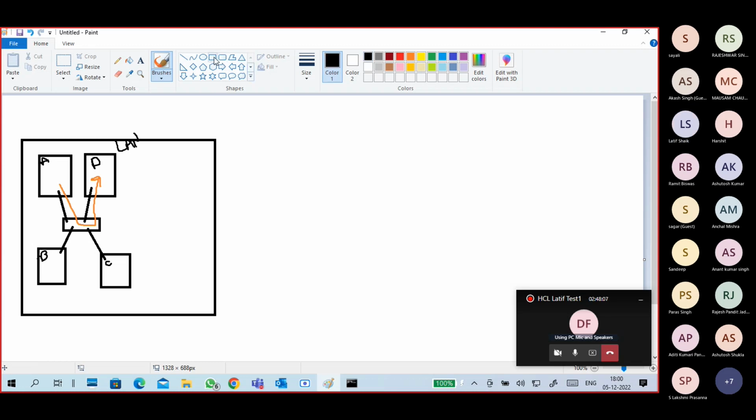Now I have a server. So I'm going back to the basics again. I have a server here, server or a device, anything, no problem. So this is a server, for example, a web server or mail server. Same thing. You want to communicate from PC B to the server.